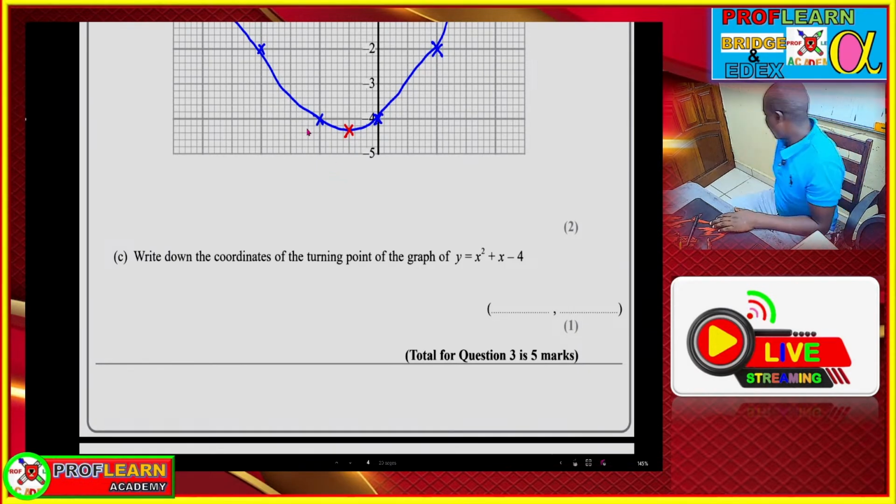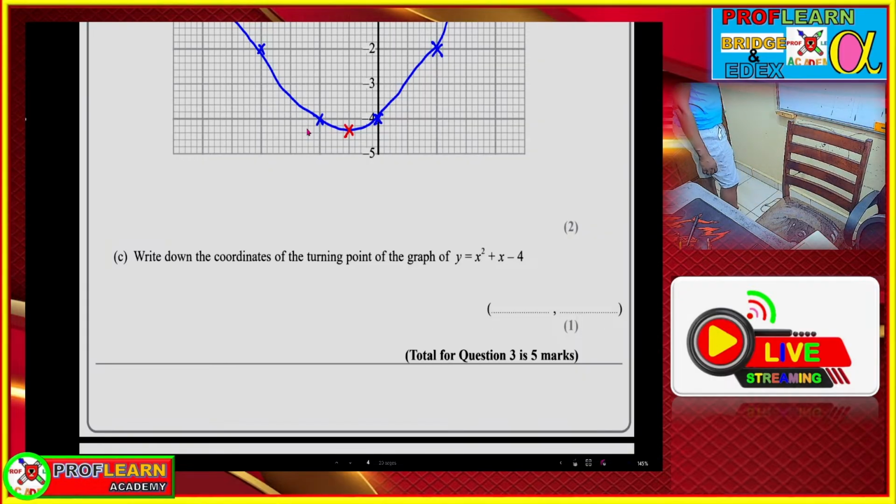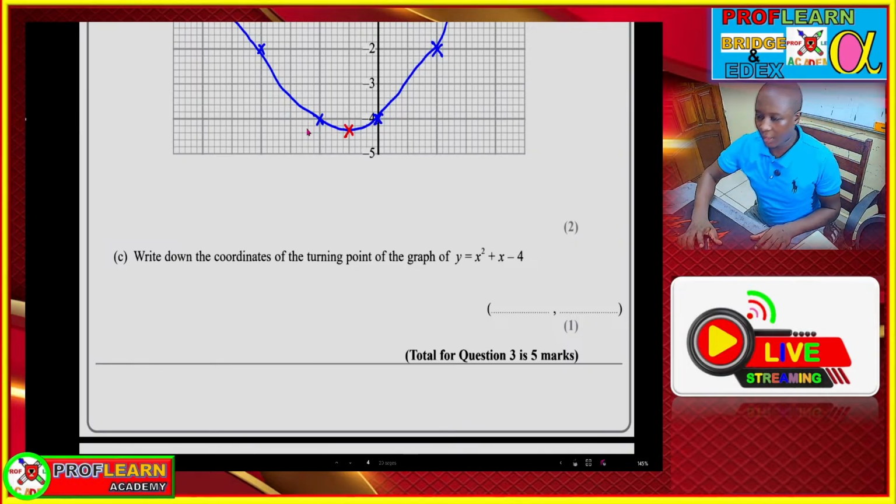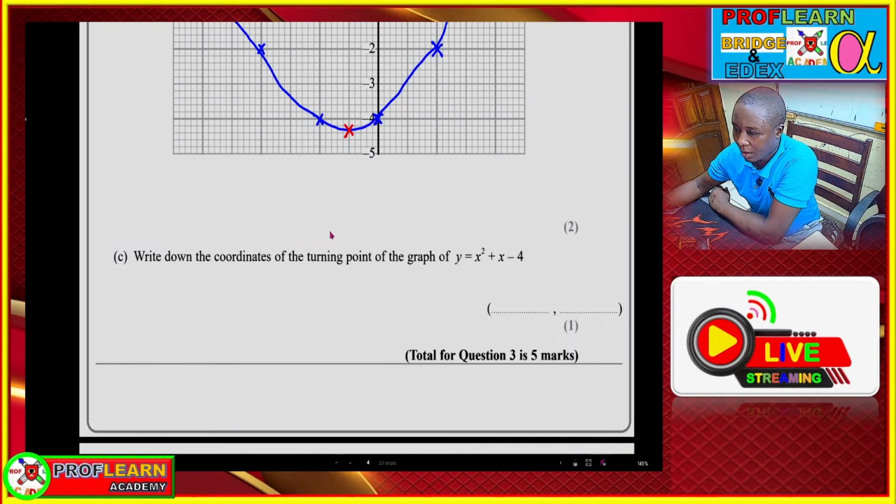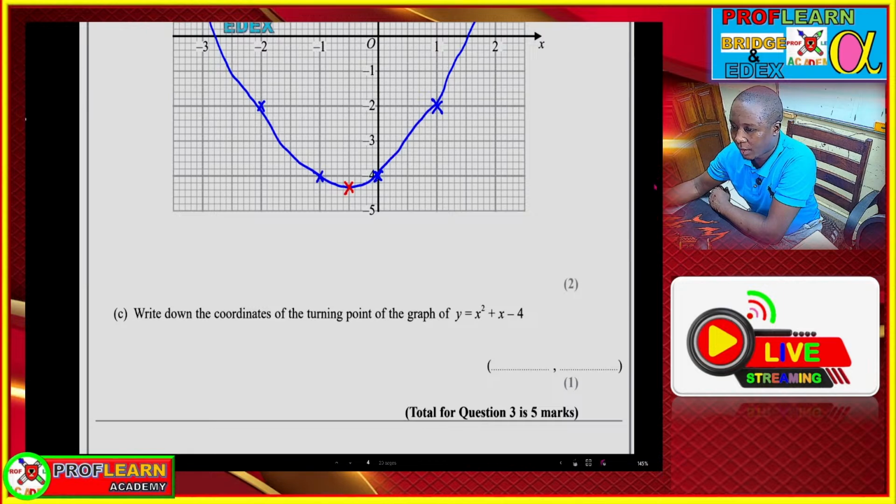Now, for you to be able to determine the turning point, you must understand the scale, because here if you can look at the figure that we have, this point here is basically negative 0.5, and this value is basically 4.2, 4.3, around 4.3.